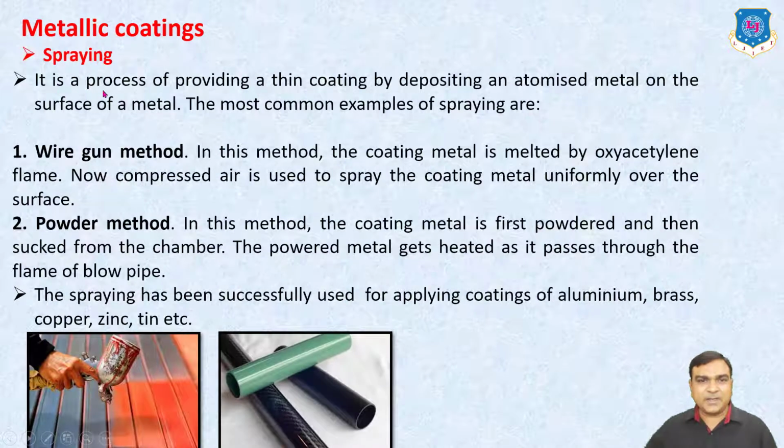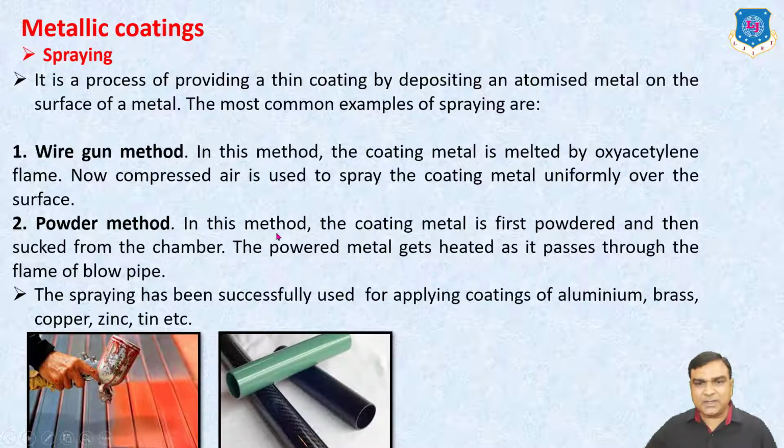Spraying is a process of providing a thin coating by depositing an atomized metal on the surface of a metal. The most common examples of spraying are the wire gun method and the powder method. In the wire gun method, the coating metal is melted by an oxyacetylene flame. Compressed air is then used to spray the coating metal uniformly over the surface.